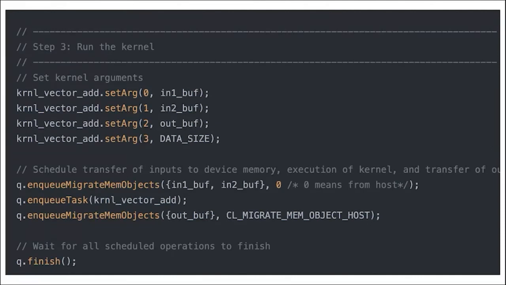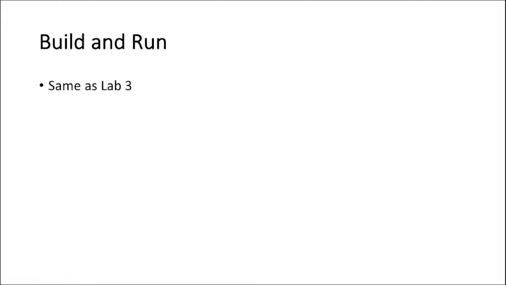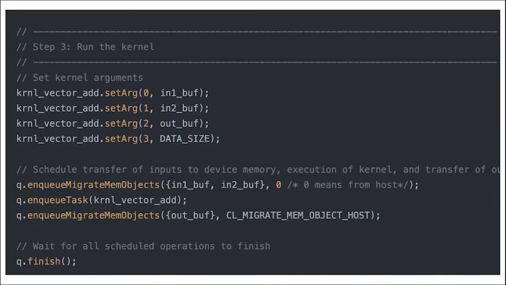So this is a simple concept. And then we call finish on the queue. Okay, so here's the example code. If we follow these steps, we can write a simple host program for the flow, and basically every kind of application will follow this flow.